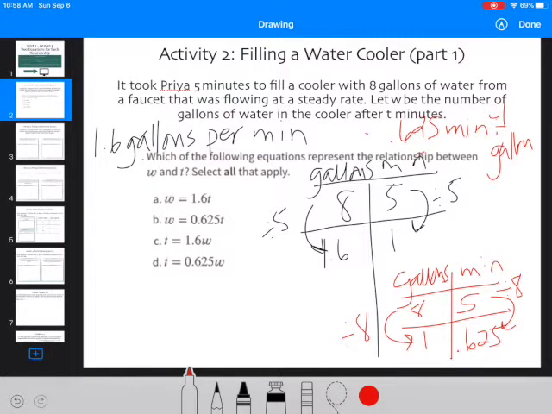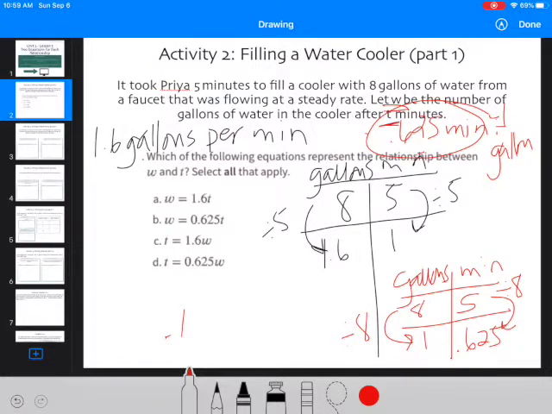So it says, let W be the number of gallons of water in the cooler after T minutes. I would multiply the number of gallons times 0.625.